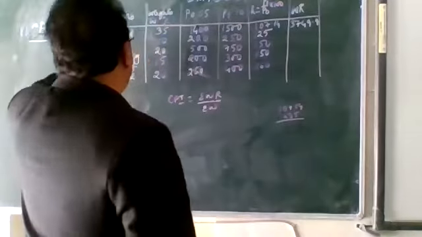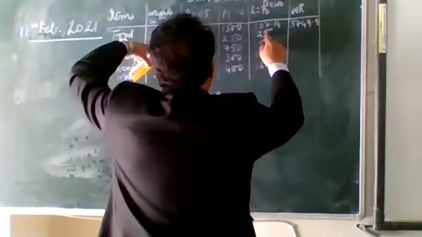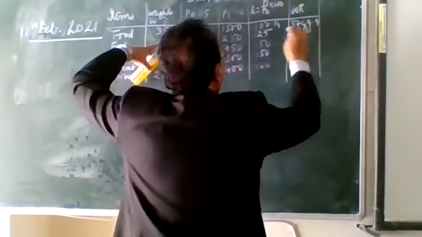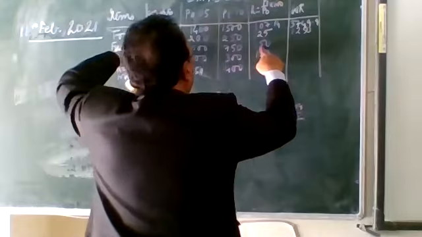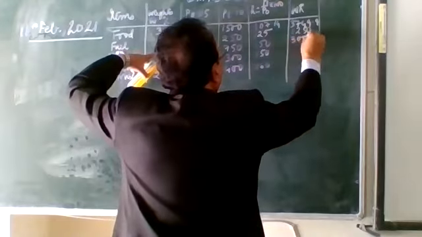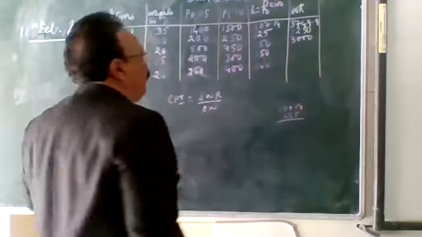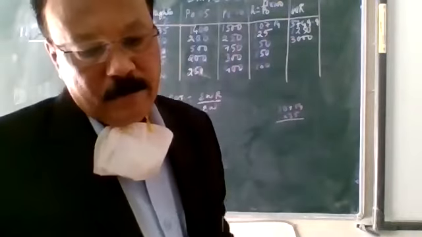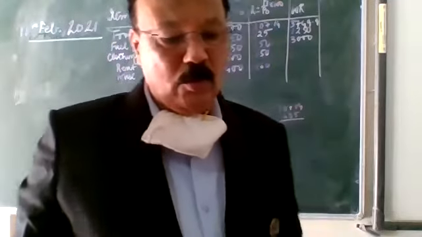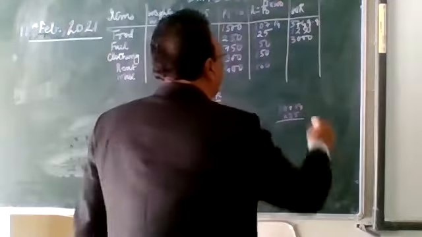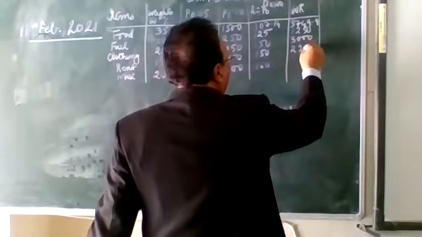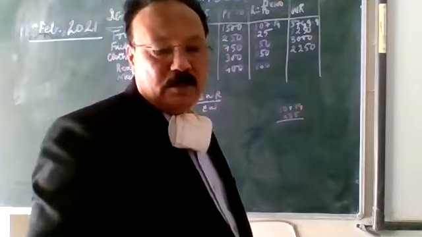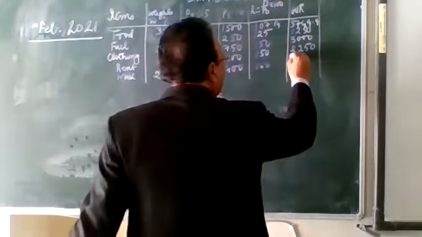Next one is 125 into 10, which will be 1250. Then 150 into 20 is 3000. Then 150 into 15 is 2250. 160 into 20 will be 3200.